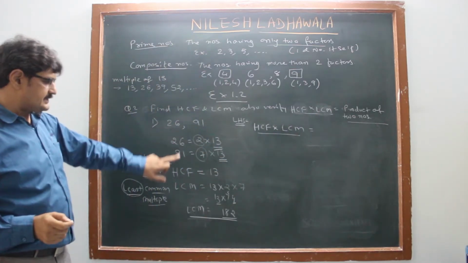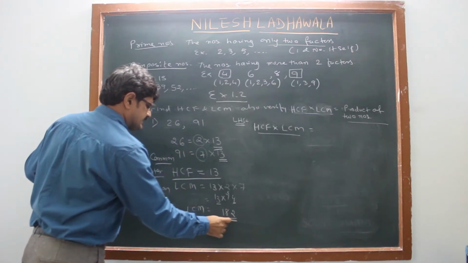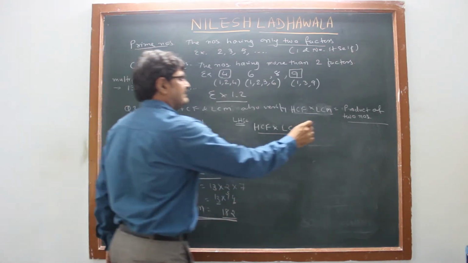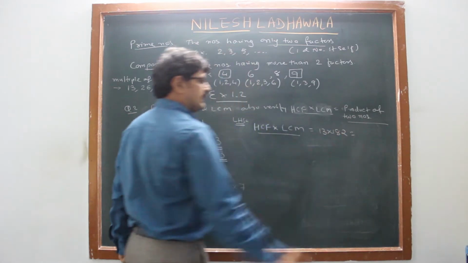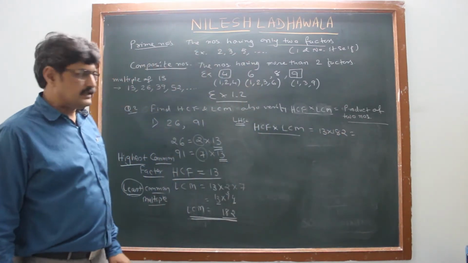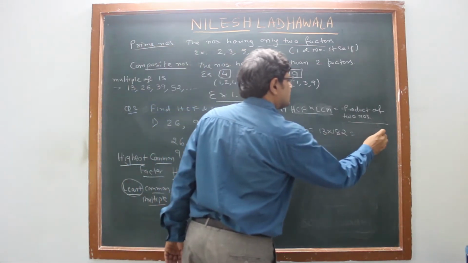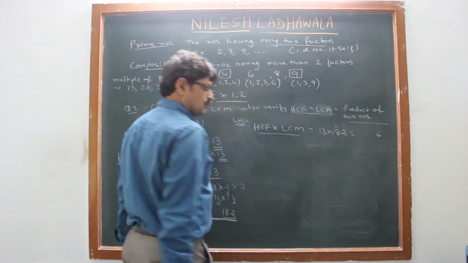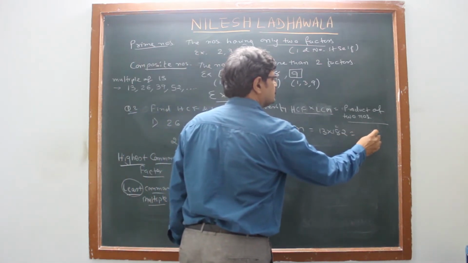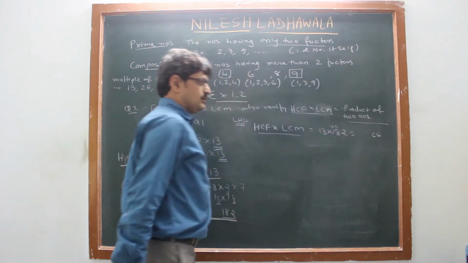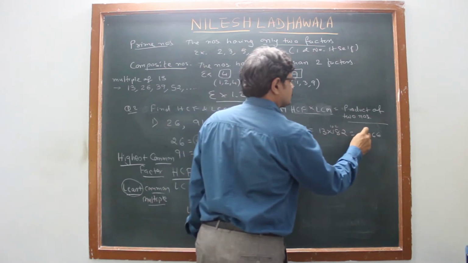Now what is HCF? We have obtained HCF 13 and LCM 182. So I will write 13 multiplied by 182. Again, if you know the table of 13, you can do the multiplication directly. 13 twos are 26, carry over 2. 13 eights are 104, 104 plus 2 is 106, carry over 10. 13 ones are 13, and 13 plus 10 is 23.